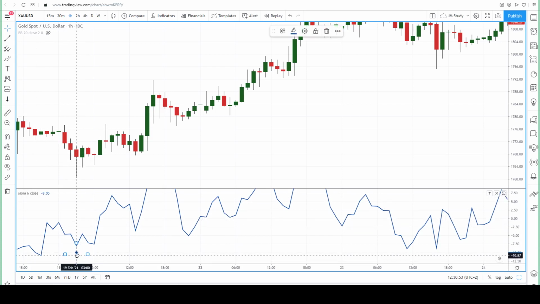Here we have the momentum indicator making a higher low, higher than this trough here. This is lower than this, so here we have an early warning that the market might be turning higher. Then a little later we have another one here.